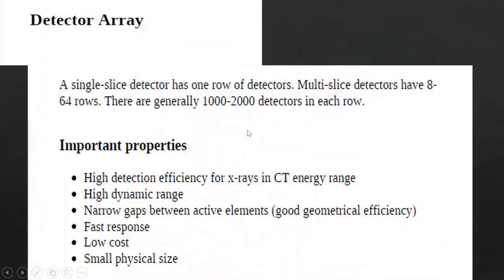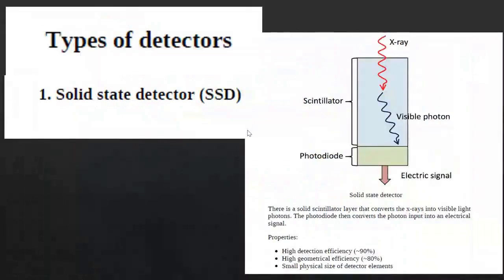Now, when we talk about the detector, I want you to imagine that I am looking for a detector to perform detection of the transmitted beam from the patient. I have an X-ray tube and a patient. The detector must have high detection efficiency to detect the transmitted beam.